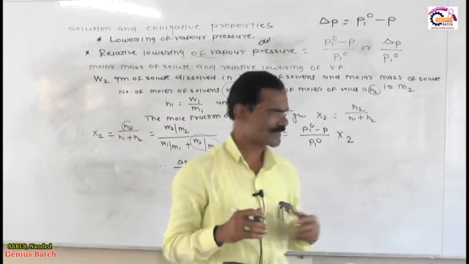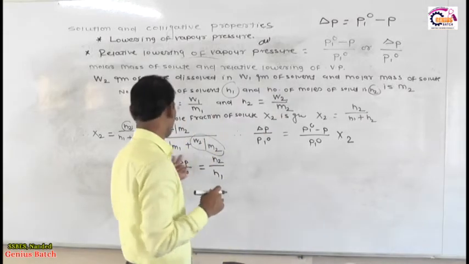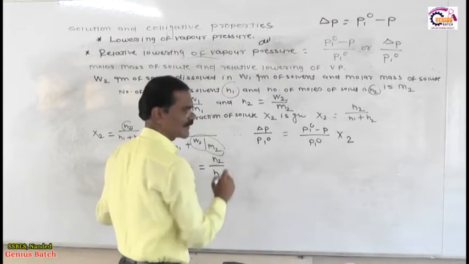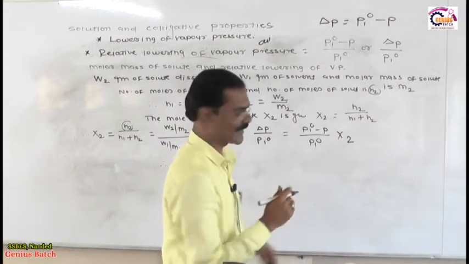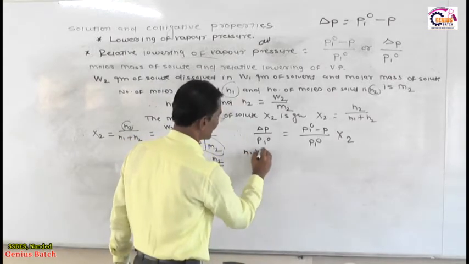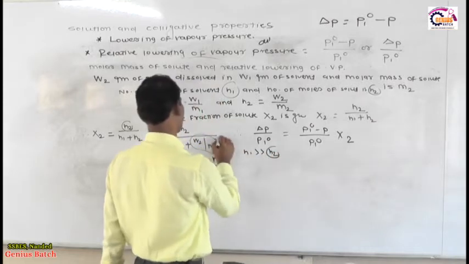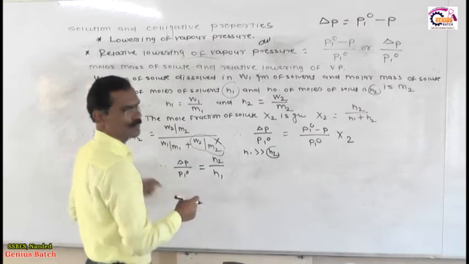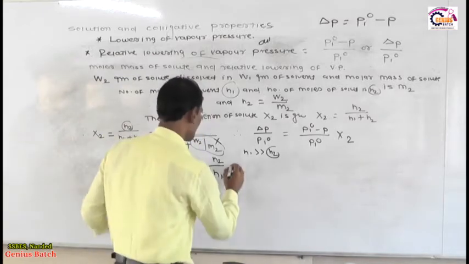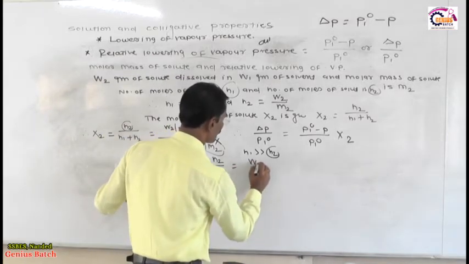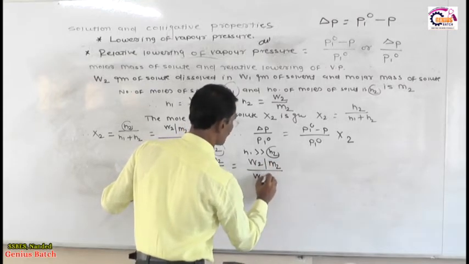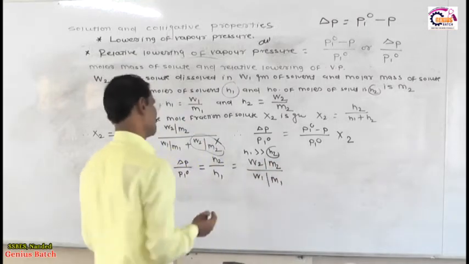Because the value of N2 is very small compared to N1, N1 is much greater than N2. Therefore, N2 in the denominator is neglected. So delta P upon P10 is equal to N2 divided by N1, which becomes W2 by M2 divided by W1 by M1.